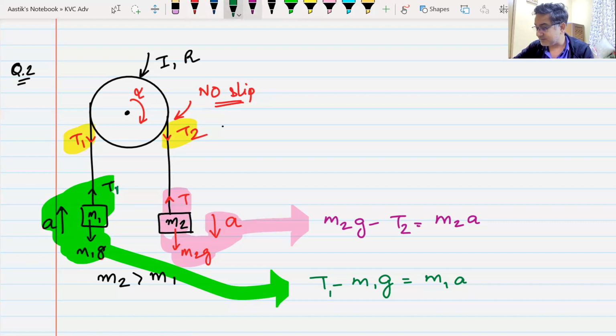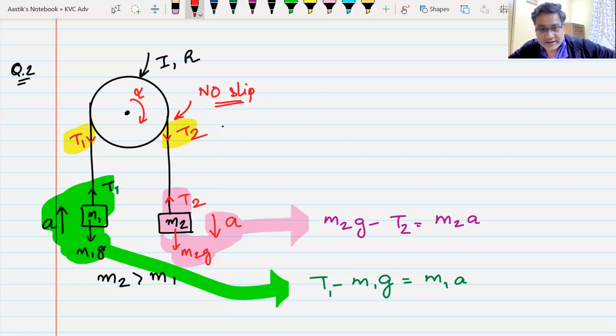Do we understand this? The tensions have to be different, otherwise the pulley does not rotate. And this is a question of Newton's laws and not rotational motion. Do we understand? Now, remember T2 is greater than T1 and that is why this pulley is rotating like this.